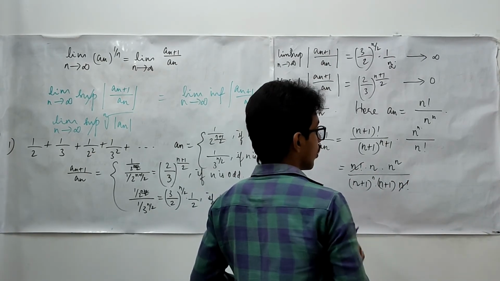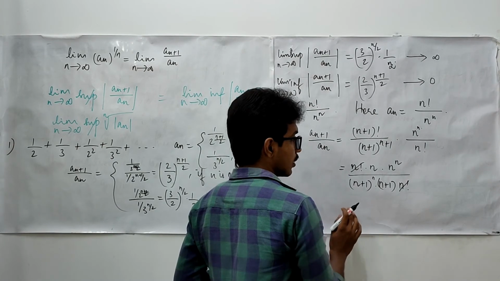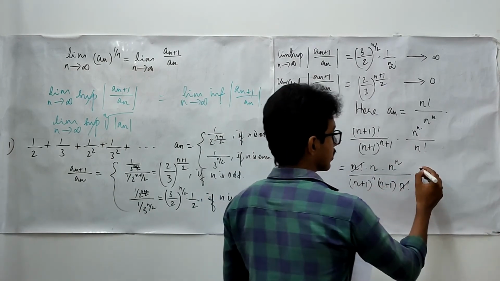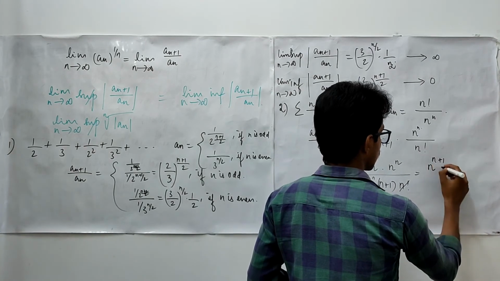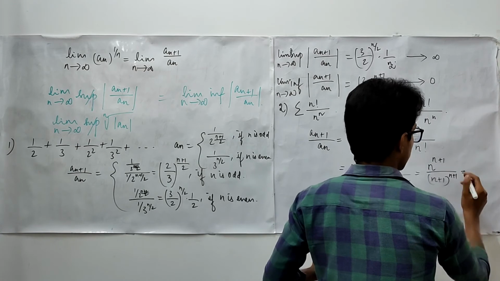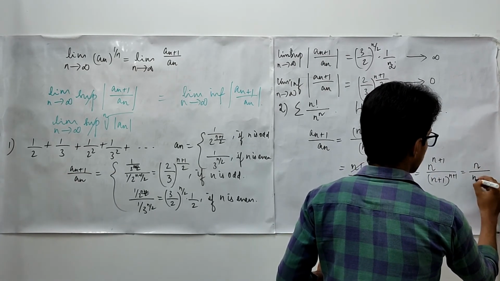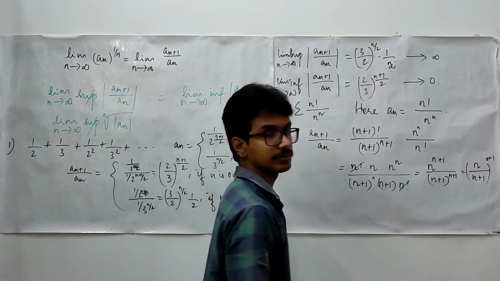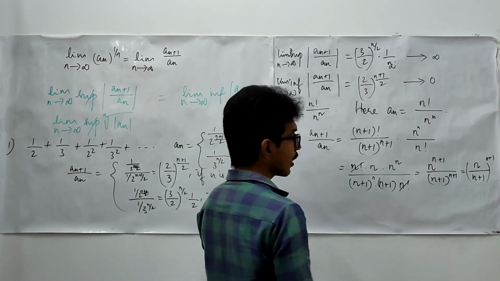Right? Now what I am going to do is that here you may split, or you may combine this. This is n power n plus 1 upon n plus 1 power n plus 1. So this may be written as n upon n plus 1 to the whole power n plus 1. Right?